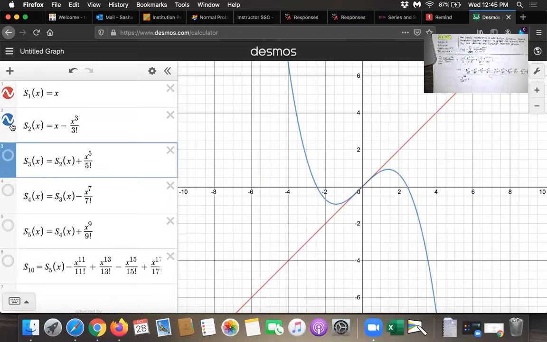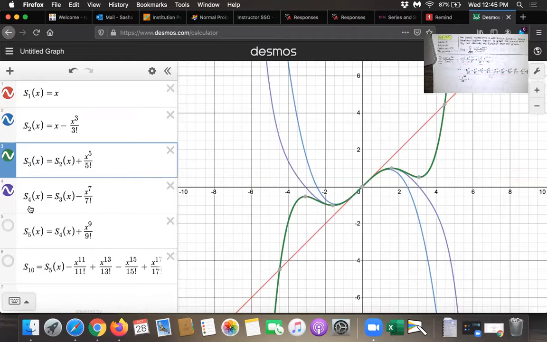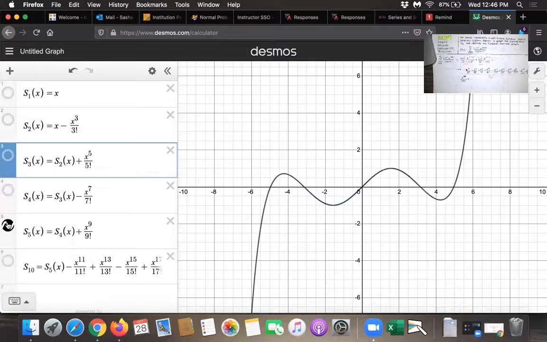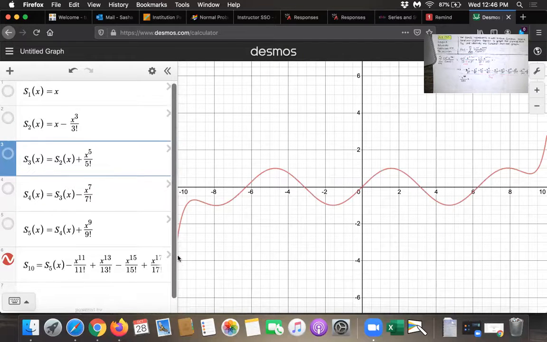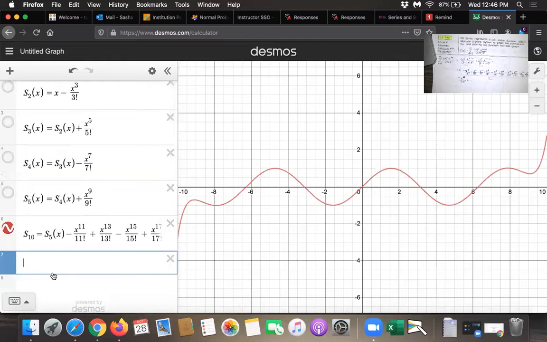And you've got this 5th degree polynomial in green, 7th degree polynomial, 9th degree polynomial. And you keep going, and I chose not to graph s sub 6, s sub 7, s sub 8, s sub 9. But do you see what it's approaching? You see that sine wave? Turns out if you take infinitely many terms, you get sine of x.